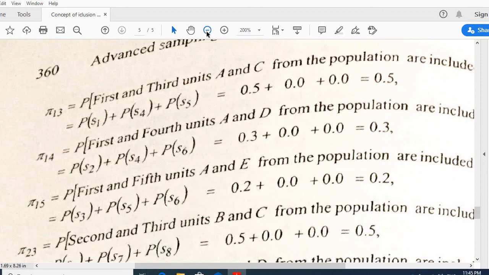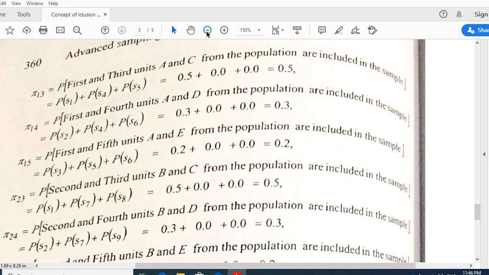The samples having the first and third units, A and C, are S1, S4 and S5. The probability of selection of the first sample is 0.5, and the probabilities of selection of the fourth and fifth samples are 0 and 0 respectively. Therefore, pi 1,3 is equal to 0.5.